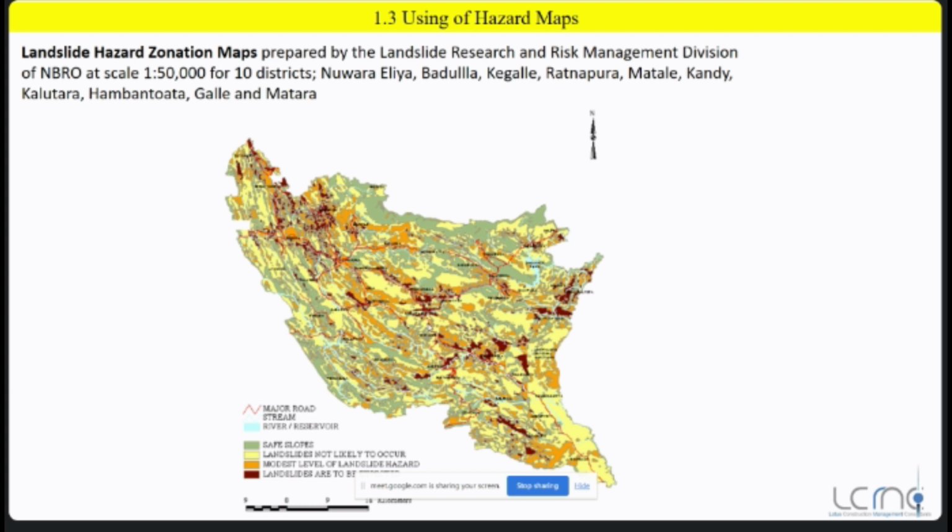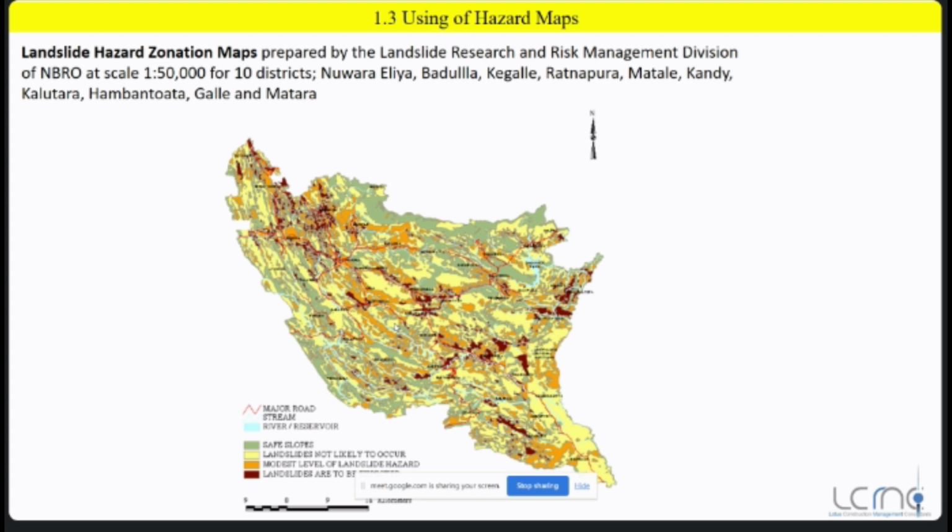So with this landslide hazard zonation map, you can identify the areas having rivers or reservoirs and major road streams, and also safe slopes, landslide not likely to occur areas, and modest levels of landslide hazards.